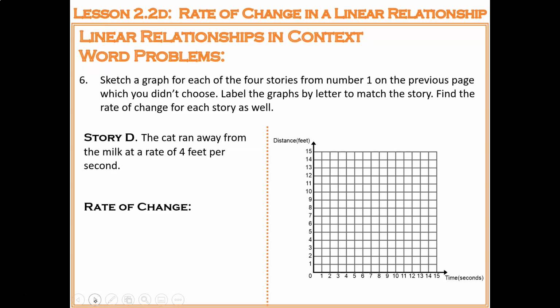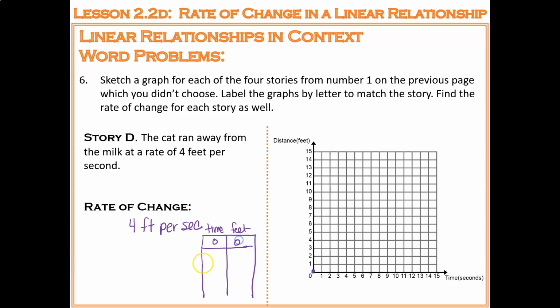You see, story D, make sure you label, the cat ran away from the milk at a rate of 4 feet per second. So the rate of change is 4 feet per second. And we're starting at 0, 0. So here it's easy to make the table again. So you have time over distance or feet.